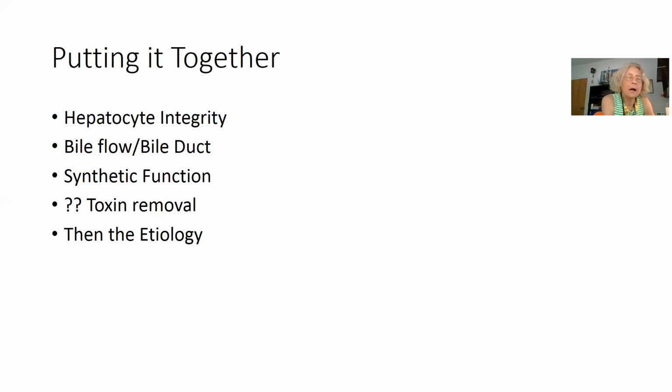So in putting it all together, if you're going to evaluate the liver by labs, you need to look at hepatocyte integrity with AST and ALT. You need to think about bile flow versus bile duct versus bilirubin.